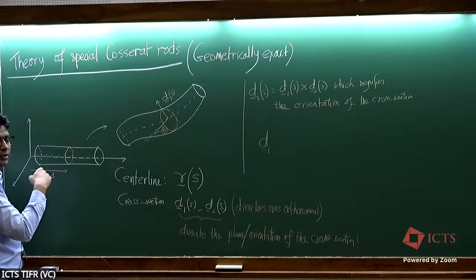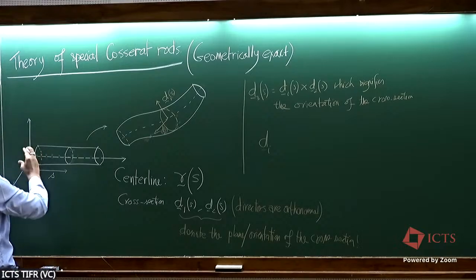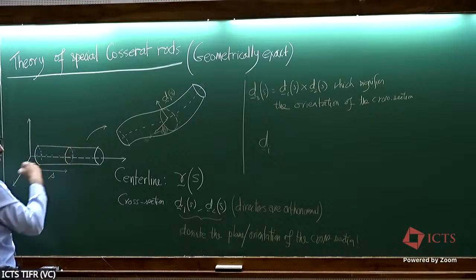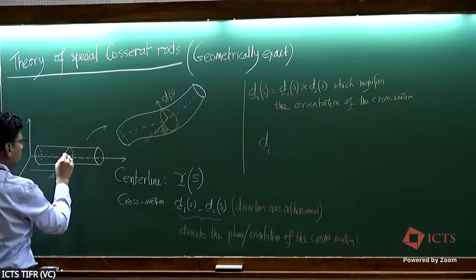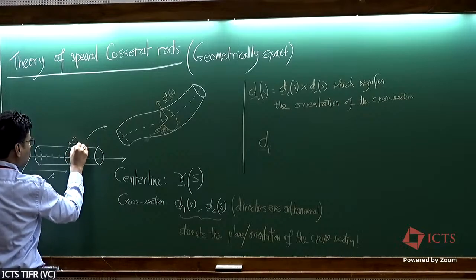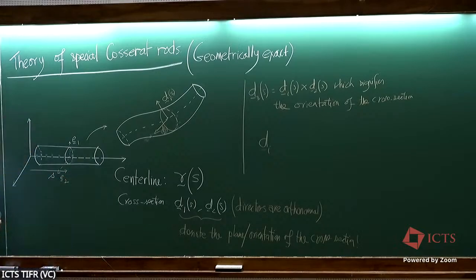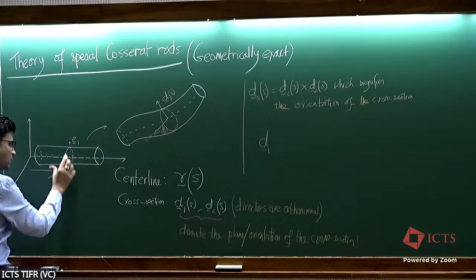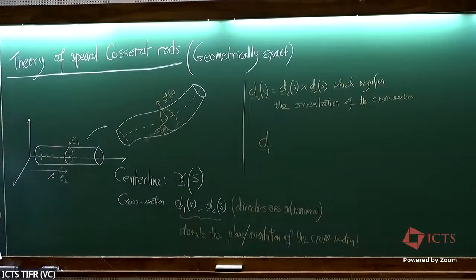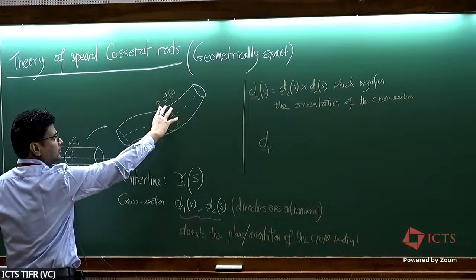Usually they are aligned with the principal axis of the cross-section. And then you choose your coordinate system in such a way that E1, E2 also becomes aligned with the principal axis. Okay? So here you have, let us say, E1 and E2, which are aligned along the principal axis of the cross-section. And this is getting mapped to the directors here, D1 and D2.